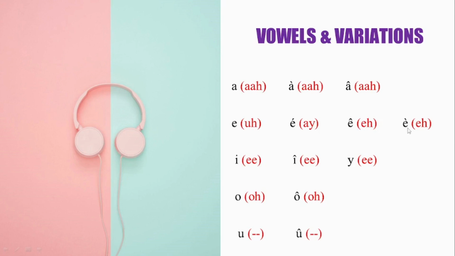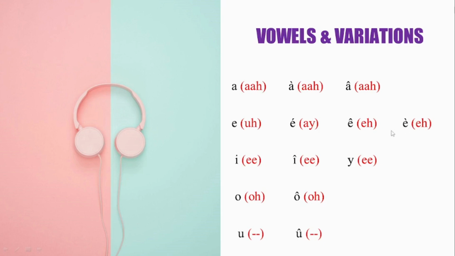This accent grave, the E with the accent going from left to right, is also pronounced eh. So this accent also changes the pronunciation.